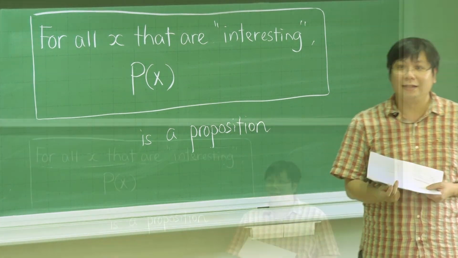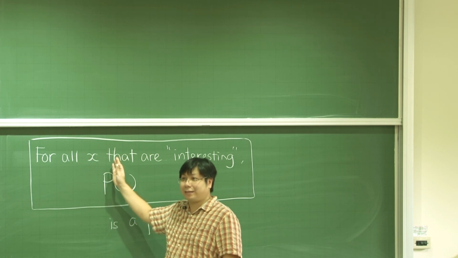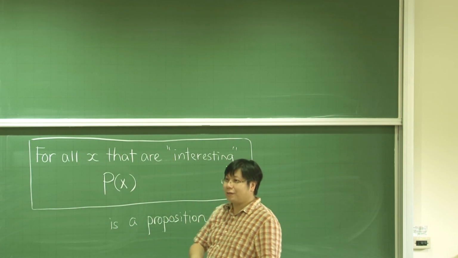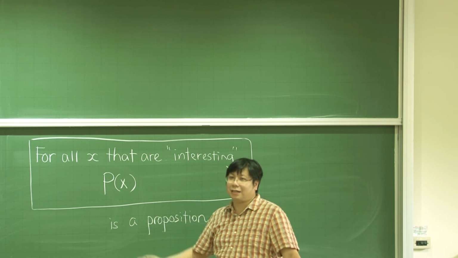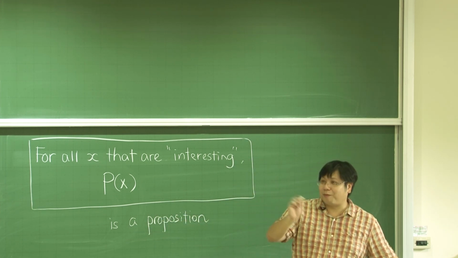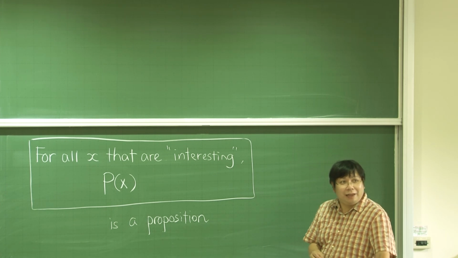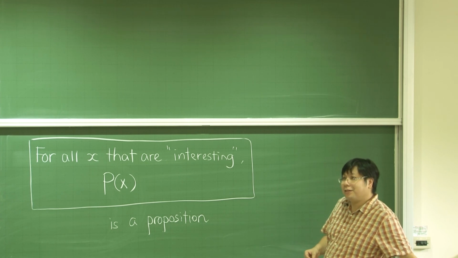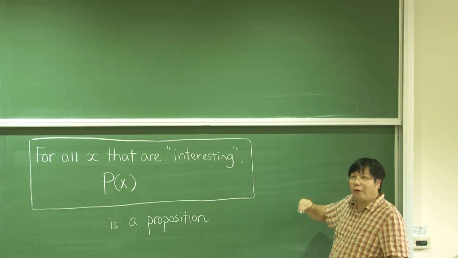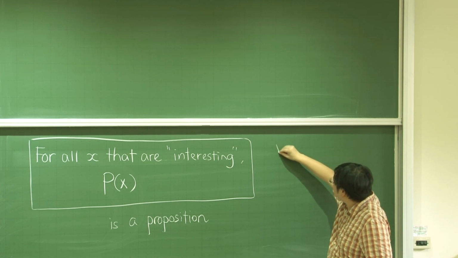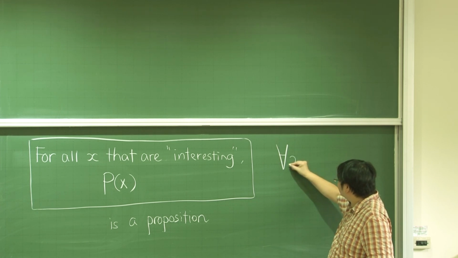But there are too many words to write down here: for all x that are interesting. If every time we need to write down a long sentence to represent this, we may be very tired. So mathematicians also invent some shorthand notation so that we can write this more conveniently. First of all, for all x, we will use this symbol. This is for all x.